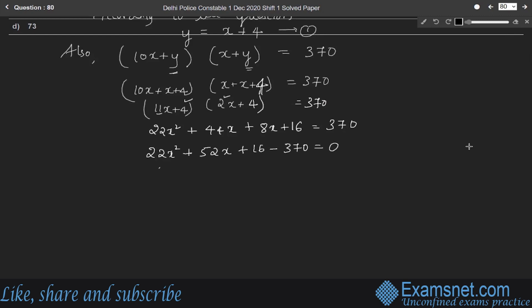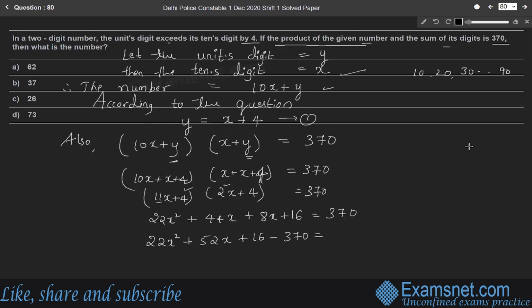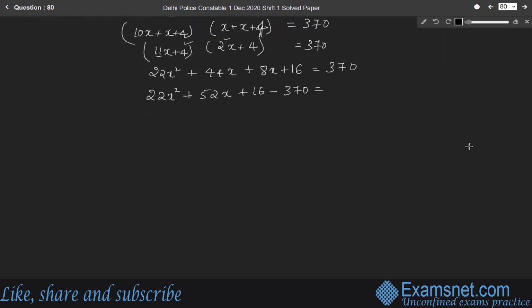You can divide the whole equation by 2, since all are even numbers. Therefore, 11x square plus 26x, and 370 minus 16 is 354, so by 2 is minus 177, is equal to 0.